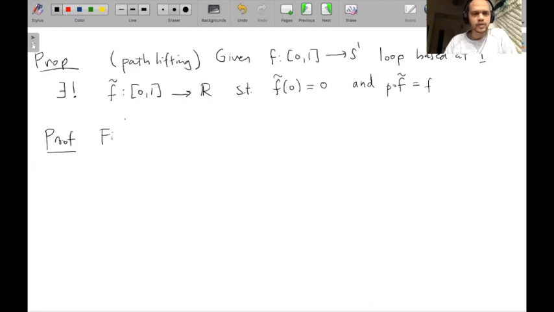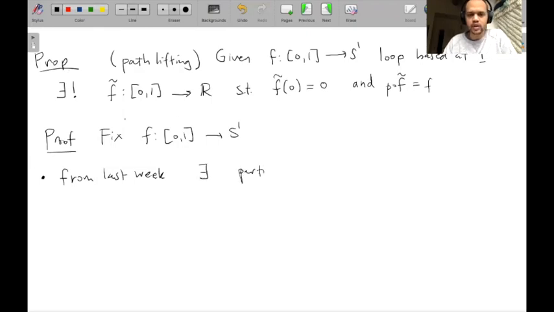Let's fix f some map, and we'll define the loop. So the first step is something we showed from last week. There exists a partition.